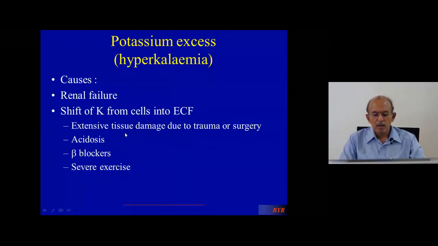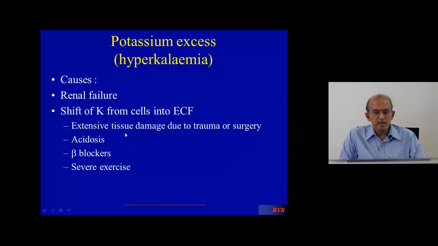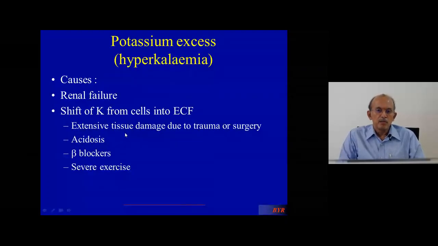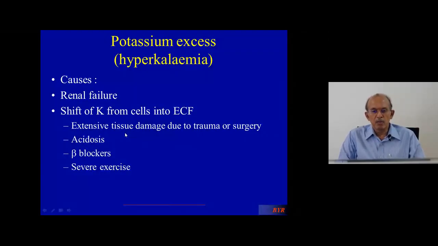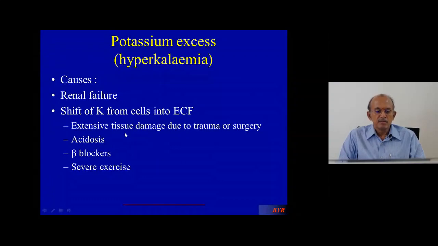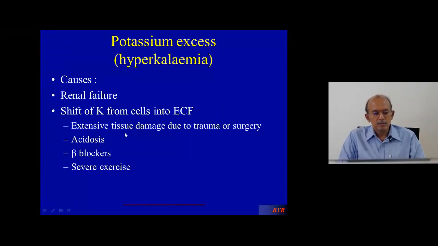For example, just now we have seen potassium is richly available in the fruits. So if you take 1 kg of mangoes in the summer, will it cause hyperkalemia or not? Because you are giving more potassium to the body, of course, through oral route. Why?